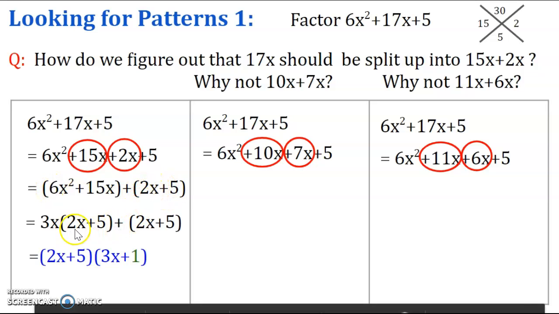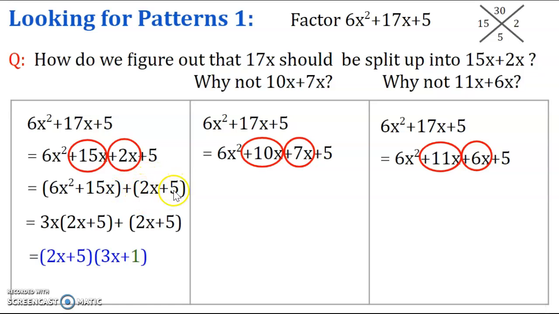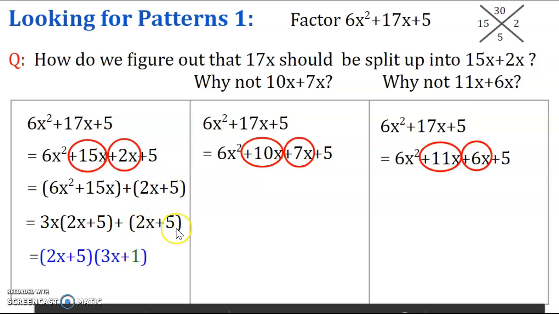What about the second one? 2x plus 5, there is no GCF, so we leave it as that. But notice that 2x plus 5 is common to both. Although there is no number there, it does not just disappear. There is an invisible 1 there. You can think of it as 1 being multiplied to 2x plus 5. So after taking out 2x plus 5, which is common to both, you have 3x plus 1 here.